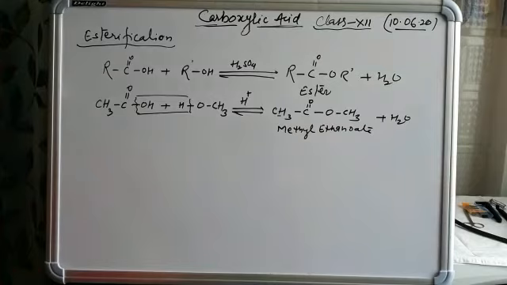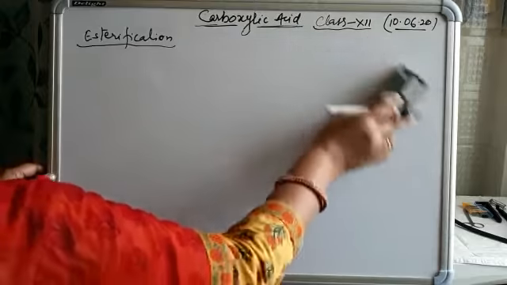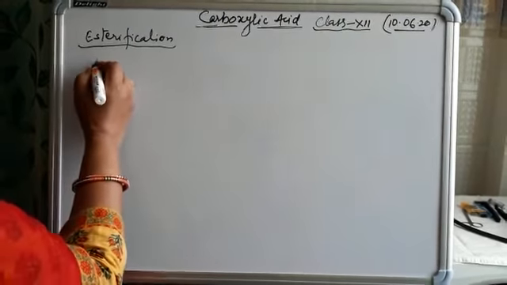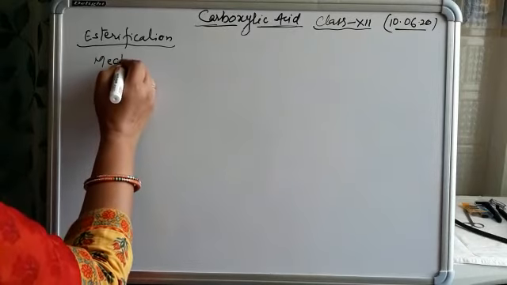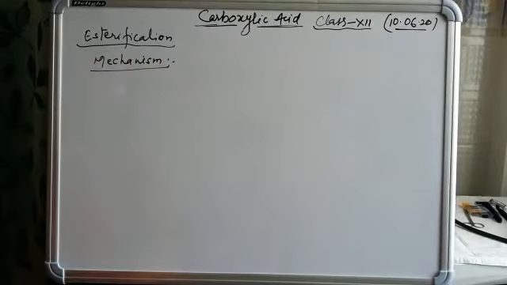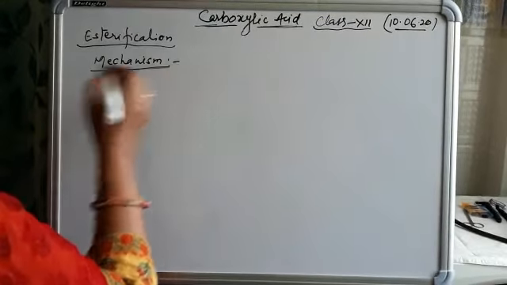So here we see how the reaction proceeds, meaning we will discuss the mechanism of the esterification. Try to understand the mechanism. By the mechanism we can easily understand the reaction.